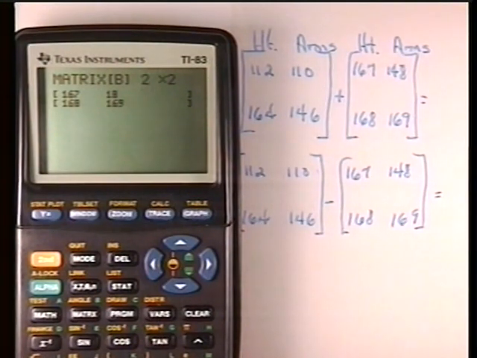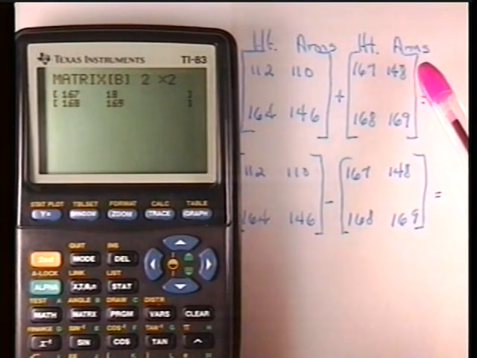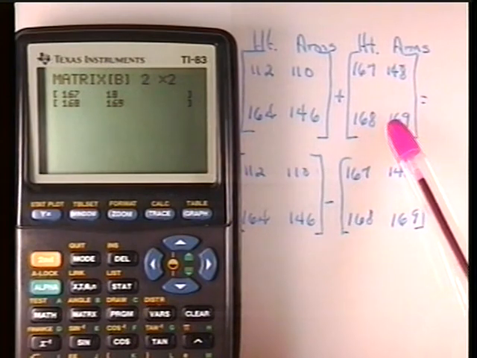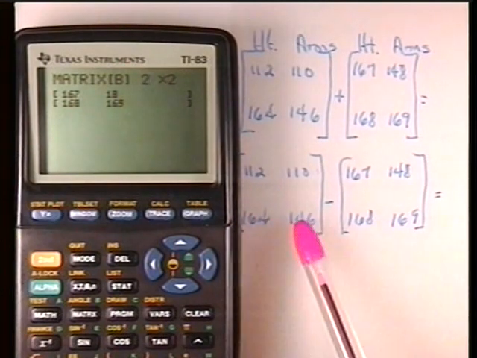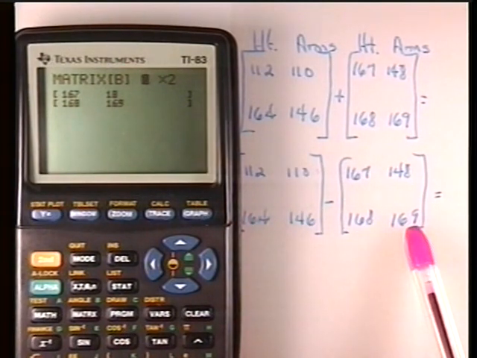You can get the graphing calculator to solve these matrices. Think about now, what would be the sum, or what would the actual sizes of the people be if we actually added these two heights together and these two arm spans together? What would the heights and arm spans be if we subtracted the two from each other?